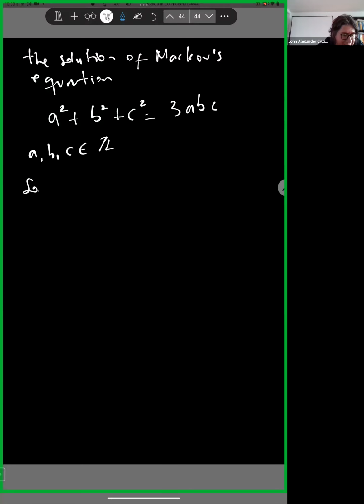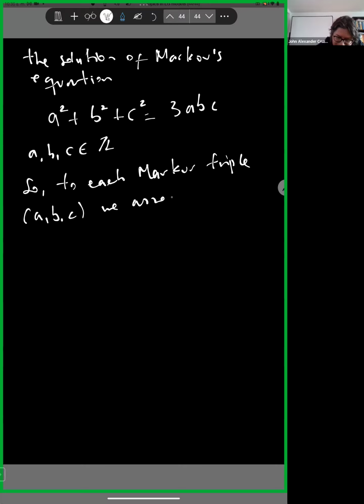So you take a Markov triple A, B, and C, and to each Markov triple we associate a Laurent polynomial. We can write it as W_{A,B,C}.